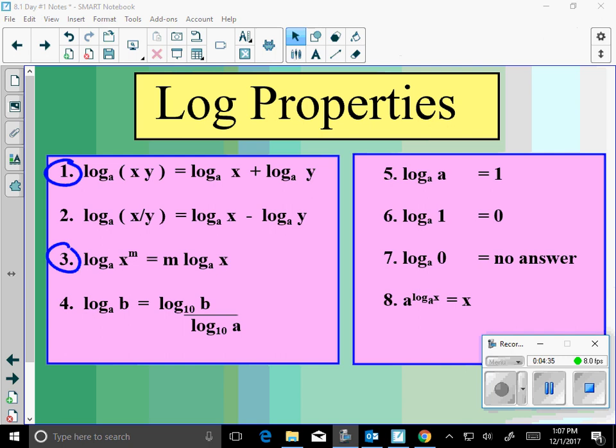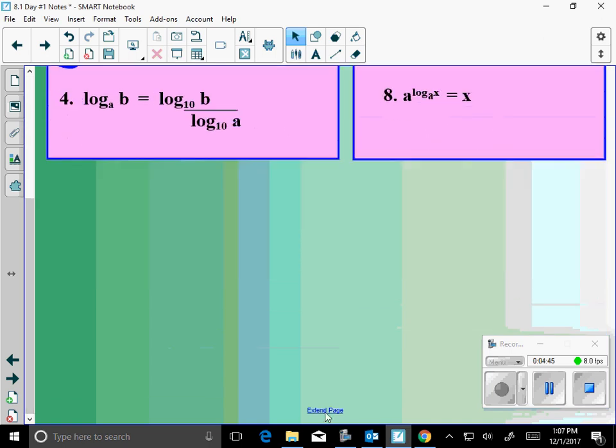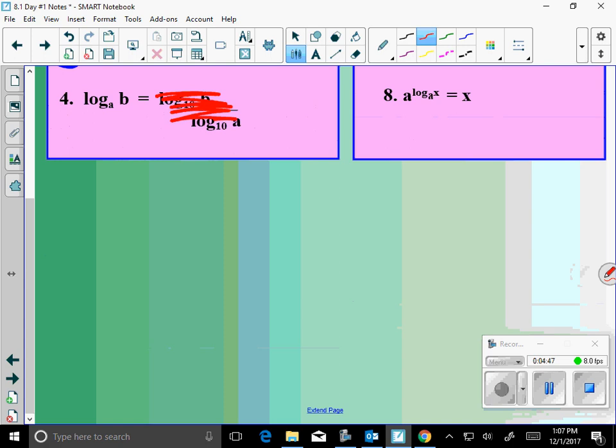Okay, so I'm going to prove number 1 and 3 to you in a couple of minutes. Number 2 will be kind of like number 1. But number 4, check this out. Let's say I don't know what this is equal to. Right? How would I write this in exponential form? A to the x equals b, right?